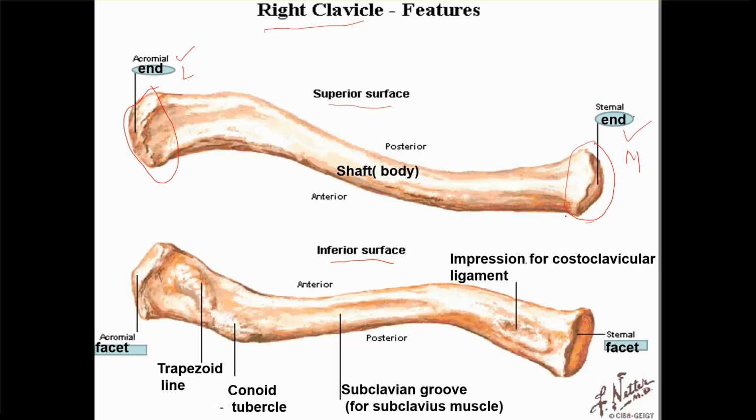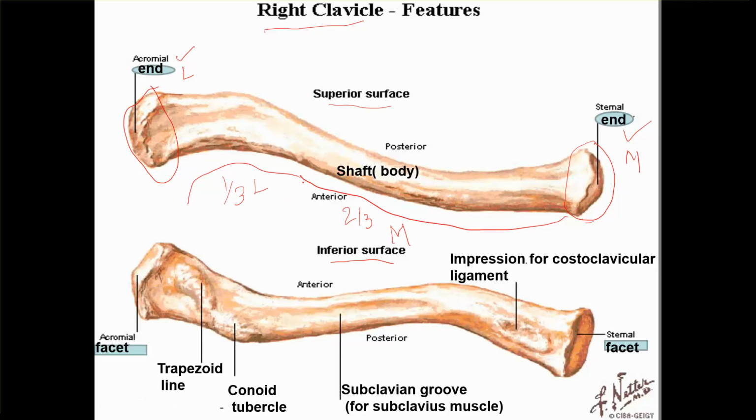Medial two-third is convex anteriorly, and lateral 1/3 is concave anteriorly.